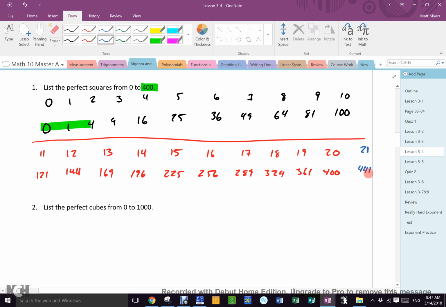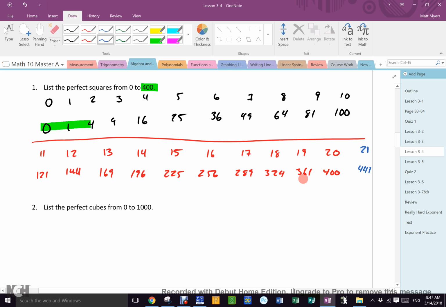It goes up by 2 each time. The number each one increases by goes up by 2 every time. So 12 squared is 144, and then 144 to 169 is plus 25.